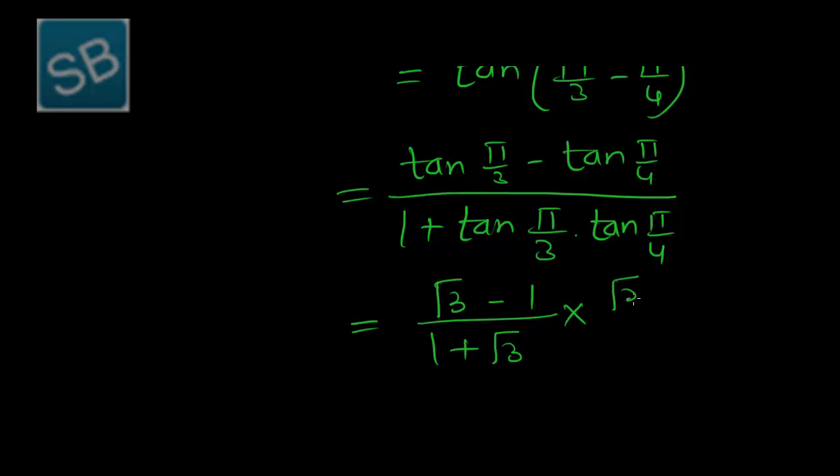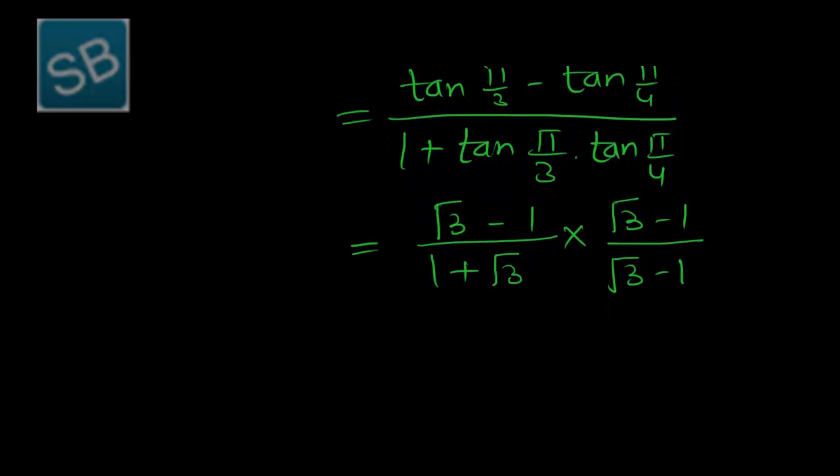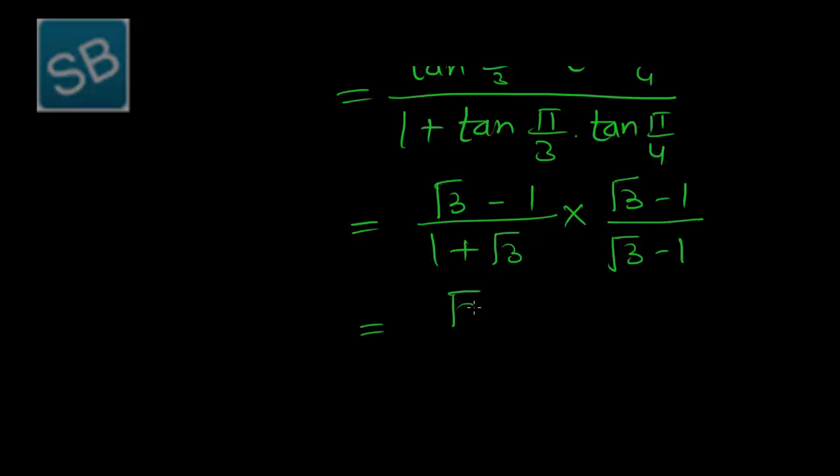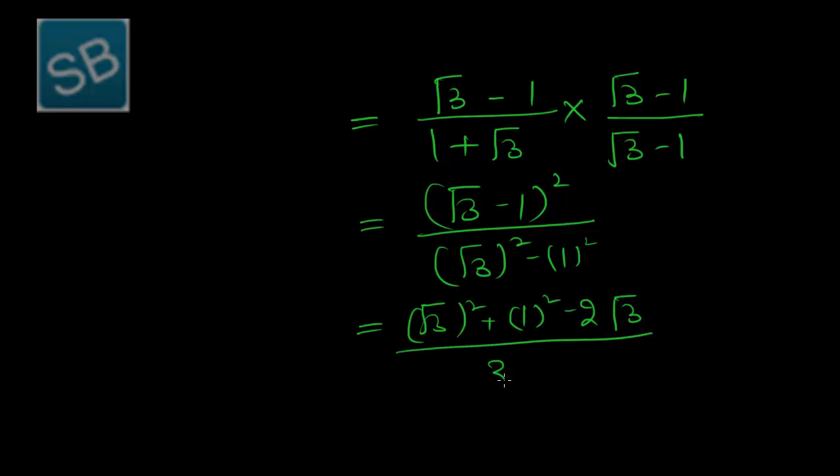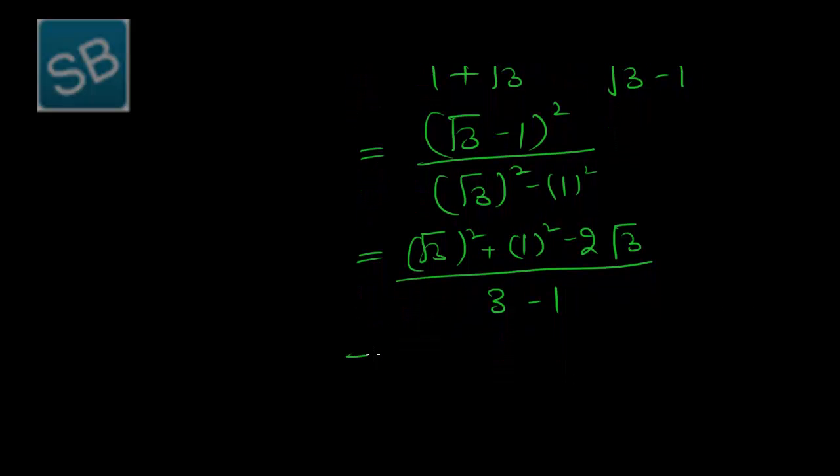So multiply and divide by under root 3 minus 1 over under root 3 minus 1. In the numerator we get (under root 3 minus 1) whole square, and in the denominator a square minus b square, that is under root 3 square minus 1 square. We get (a minus b) whole square equal to a square plus b square minus 2ab over a square minus b square, that is 3 plus 1 minus 2 under root 3 over 2.